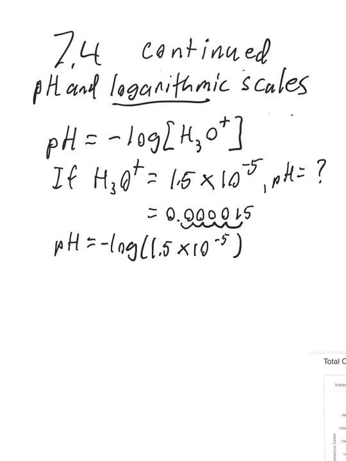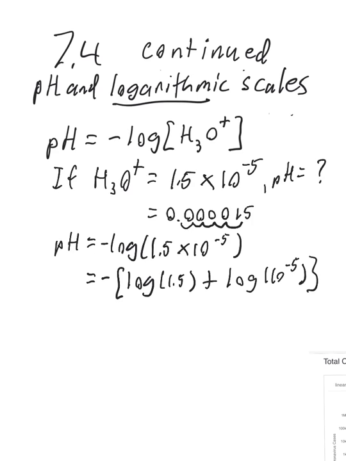I'm going to do this slightly differently, which will give a little bit of a shortcut. First, I'm going to use one of those properties of logarithms that we looked at last time. When you have a product, you add the logarithms. So log of 1.5 times 10 to the negative fifth is the same as log of 1.5 plus log of 10 to the negative fifth. And I still got the minus in front there.